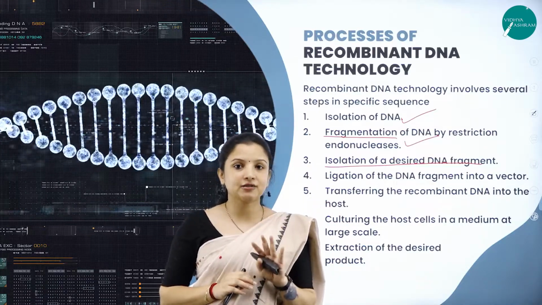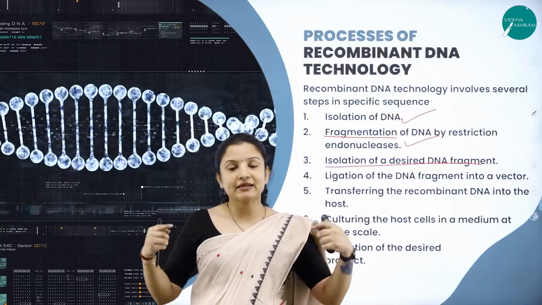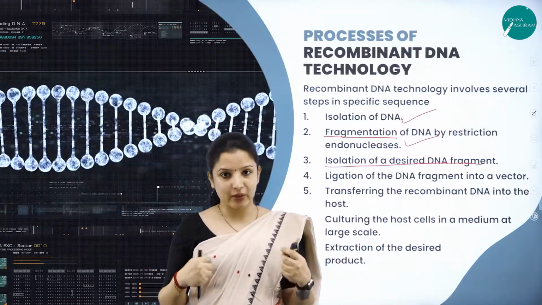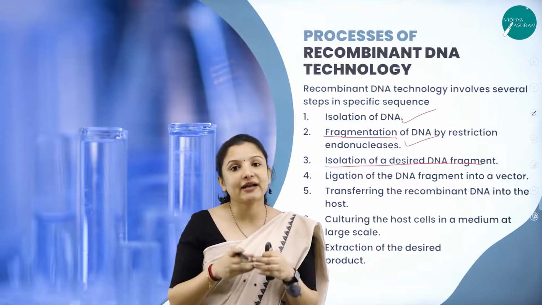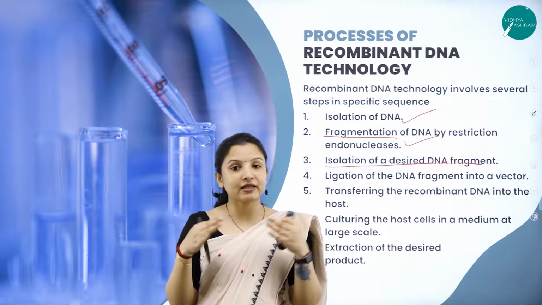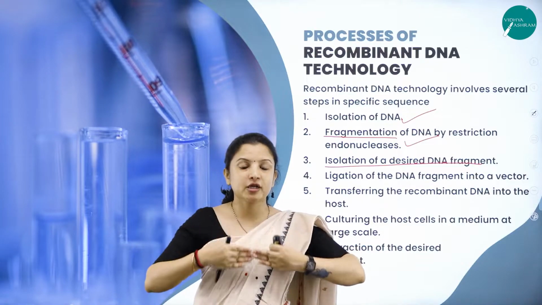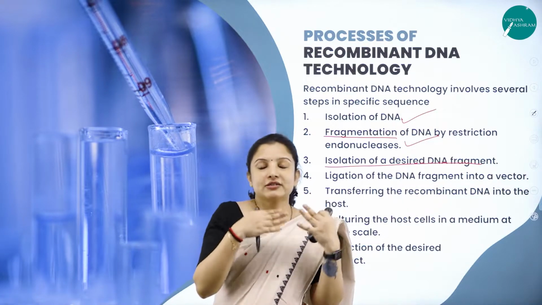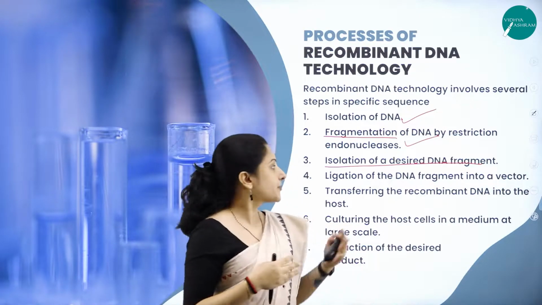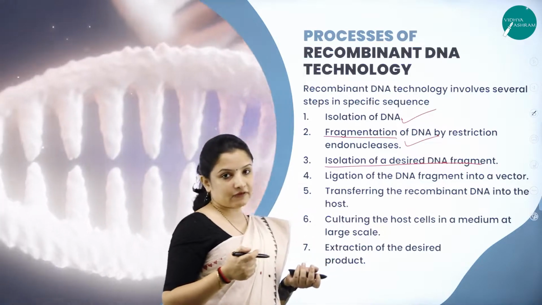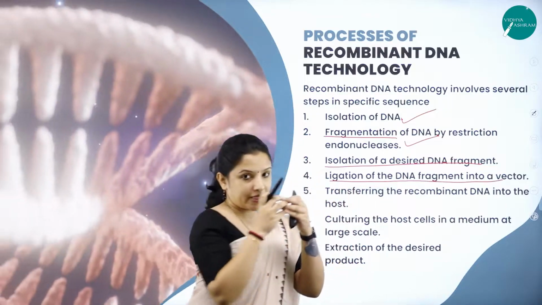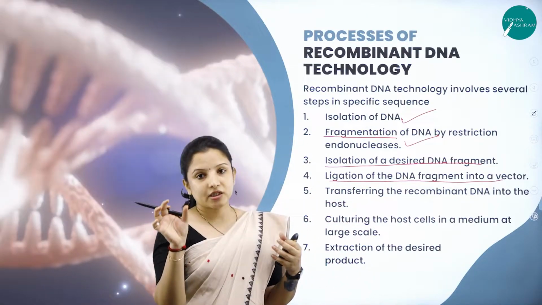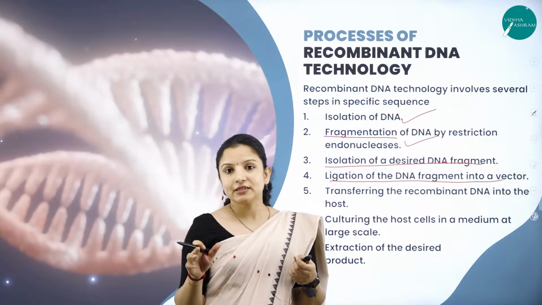So what scientists do here is, instead of sending them 5 times using different vectors, they try to ligate those fragments. Ligation means you're trying to join them, you're trying to paste them. It's just like cutting and pasting, right? So here, ligation of the DNA fragments into the vector. All those DNA fragments will be made into a stretch, and that particular stretch of DNA, what does it contain now?